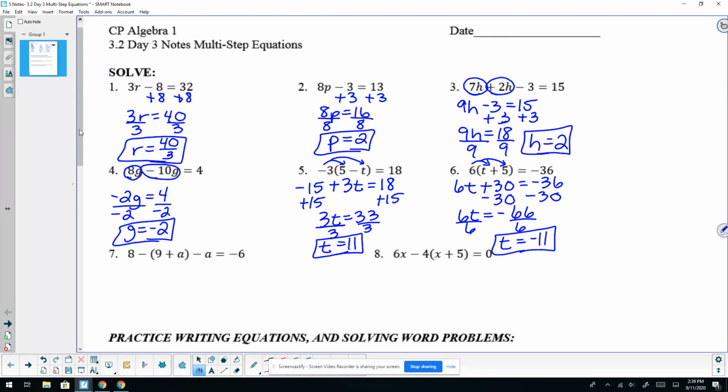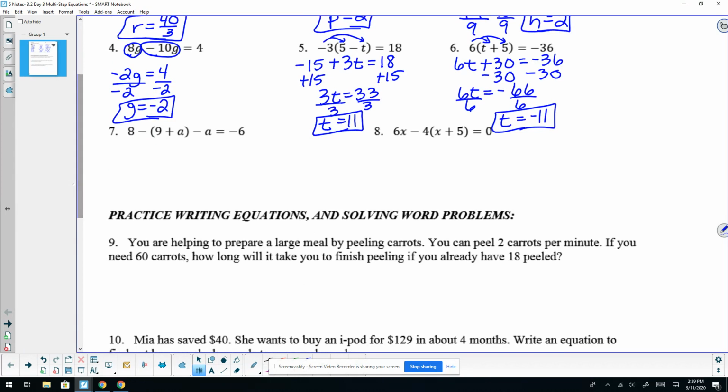On to 7, which is a mix here. We're going to do a distribution and combining like terms. So remember that there is a 1 in between the negative and the parenthesis. I'm going to distribute the negative 1 into the parentheses, leaving me with 8 minus 9 minus a equals negative 6. I need to combine the two negative a's to get negative 2a, and I will combine 8 minus 9 to get negative 1.